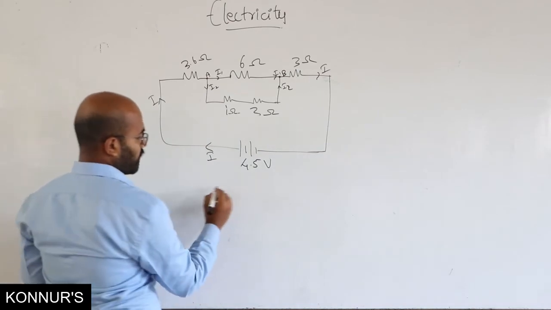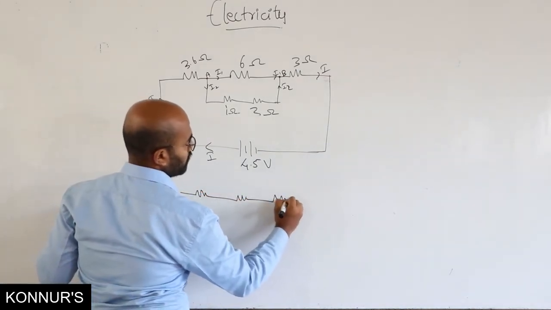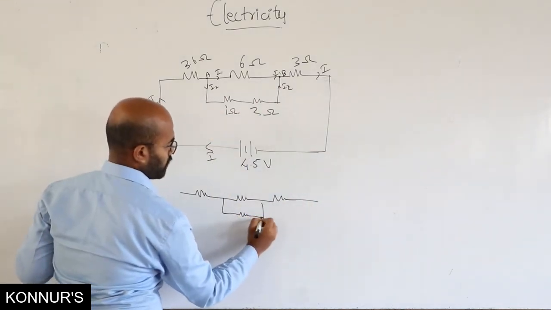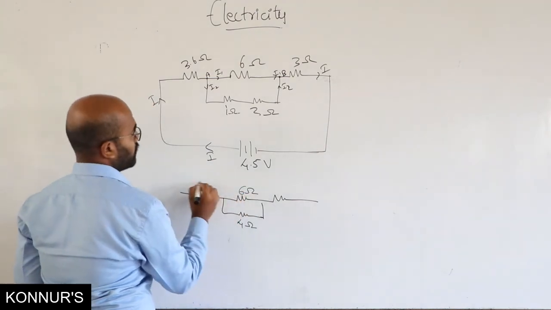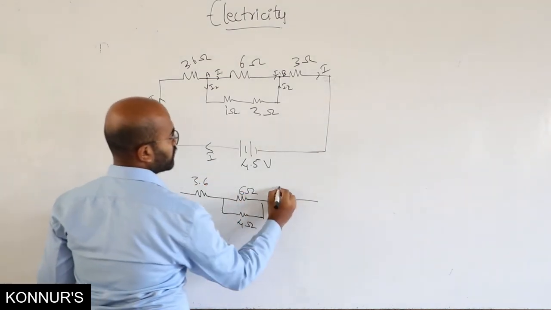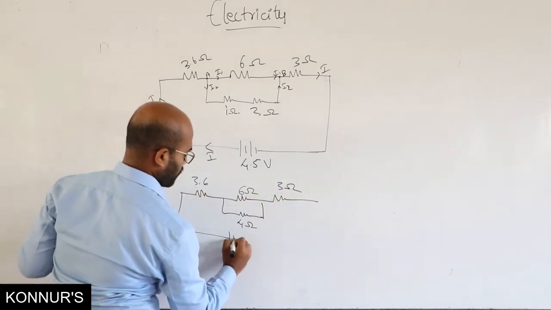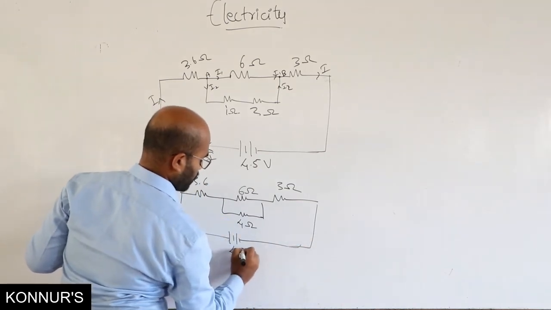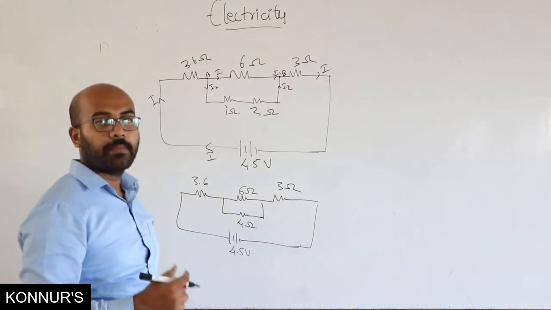So if I simplify, 1 plus 3, that is 4 ohm. This is 6 ohm. This is 3.6. This is 3 ohm. So 6 ohm and 4 ohm are in parallel.